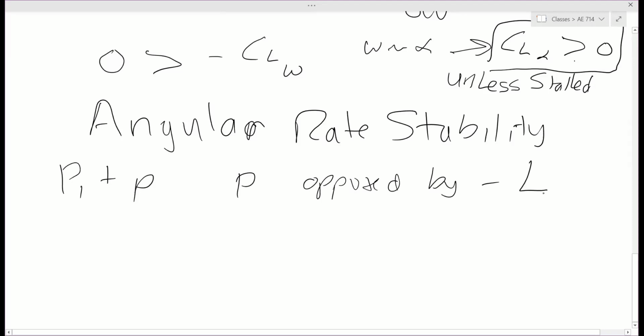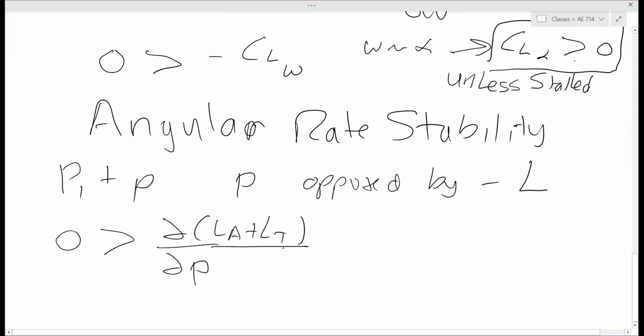And it's opposed by a moment in the opposite direction. So how does that work? The change in total rolling moment due to a P has got to be negative, less than 0, because that's going to reduce the angular rate.